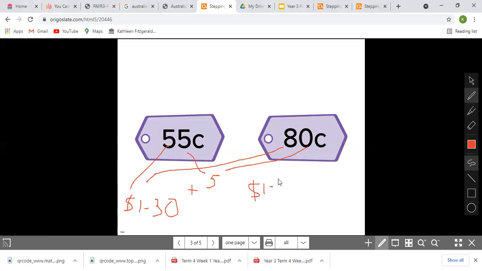Once we get to 100 cents, we put that into $1 and bring it forward into the front of the decimal point. There's our dollars and there's our cents. The decimal point is where we change from being whole dollars to cents.